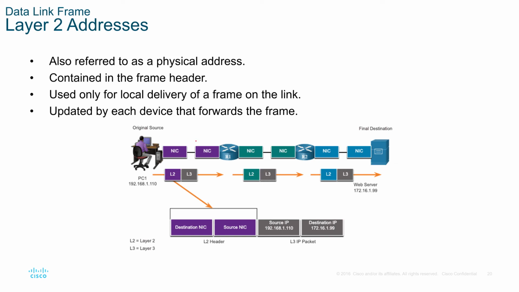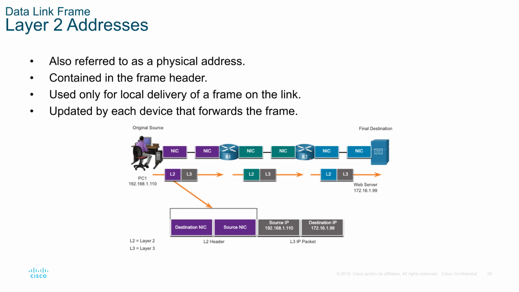It would be sent to the MAC address of the input of R1. When it exits R1, assuming that this is an Ethernet connection, the MAC address, the source, will now be the exit interface of R1. The source is no longer the original source. It is coming from the router, so that is the source. The destination MAC will be the incoming port on the next router.